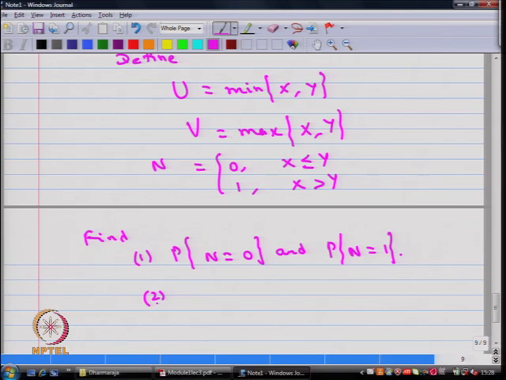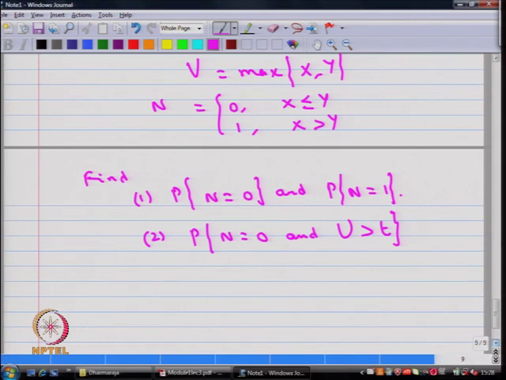The second, we are interested to find out the probability of N takes the value 0 and capital U takes a value greater than some t, where t is greater than 0. So, let us go for finding the second one first, then we will find the probability of N equal to 0 and the probability of N equal to 1.